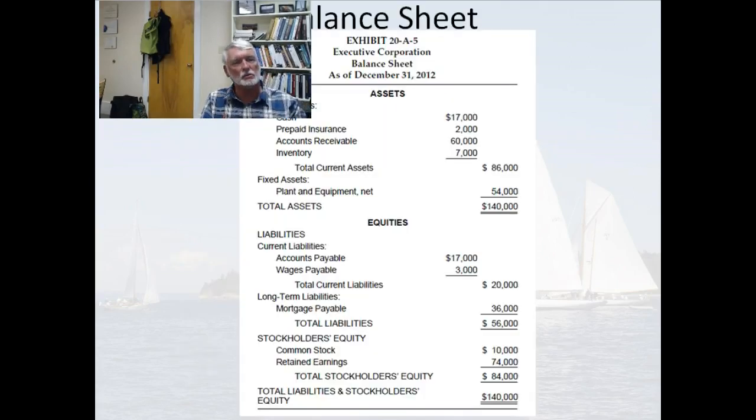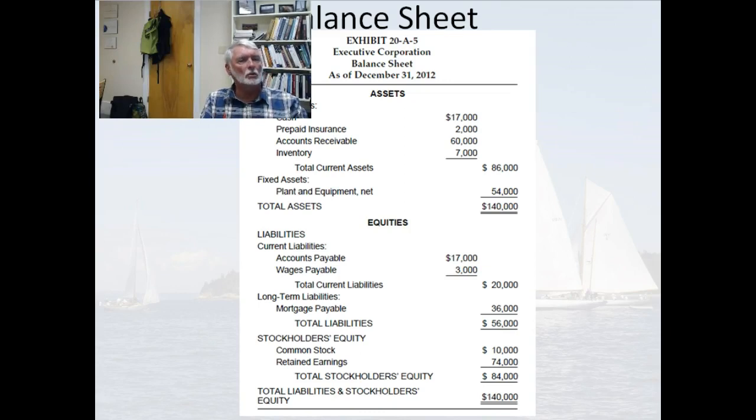So there's a balance sheet. We've seen plenty of those already. You've got your assets at the top, current assets first. So total current assets of $86,000, fixed assets of $54,000, total assets of $140,000. Then below you have current liabilities. Those are liabilities we're going to have to pay within a year. It's $20,000. We have a long-term liability, a mortgage payable of $36,000, total liabilities of $56,000.